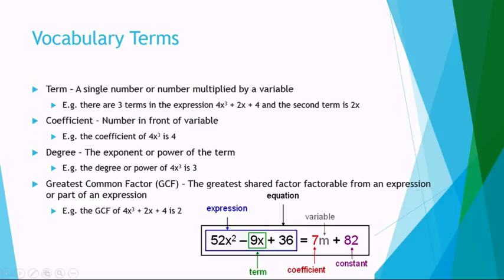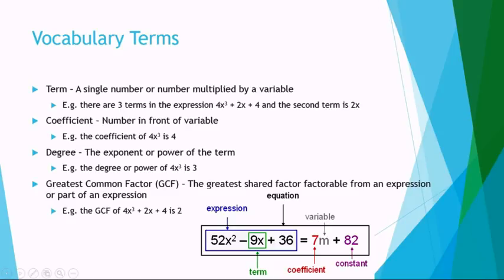Now in this video I'll be saying greatest common factor, or GCF, a lot. The GCF is the greatest shared factor factorable from an expression. So here there's no greatest common factor, and same thing over here in these two expressions.